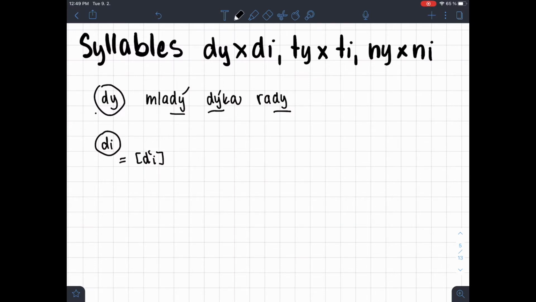Again, I'll show you example words. Divadlo, dítě, dívat se, díky.